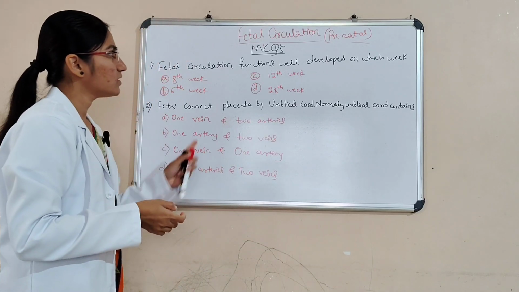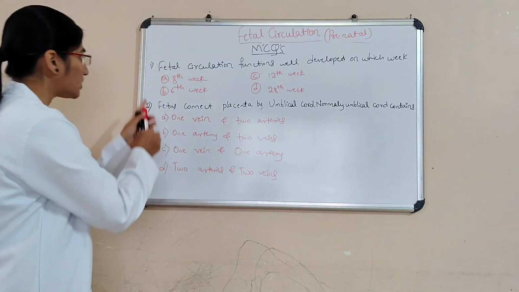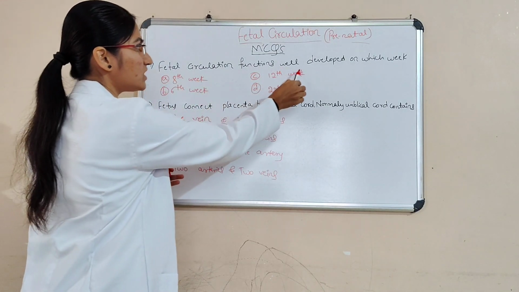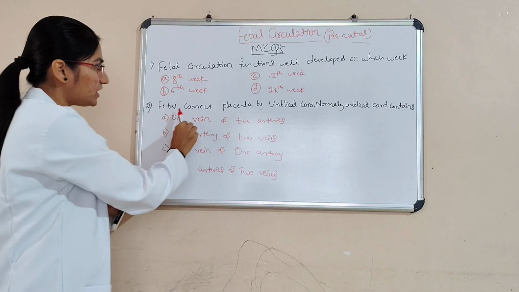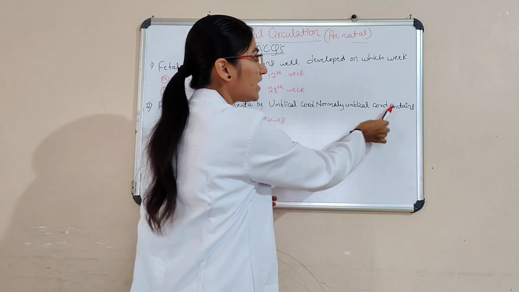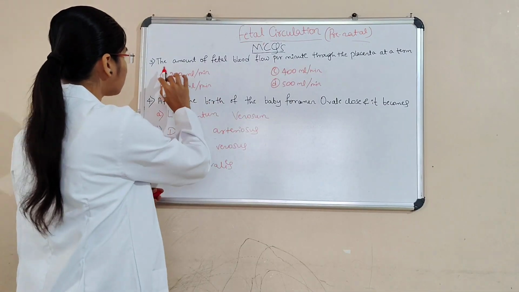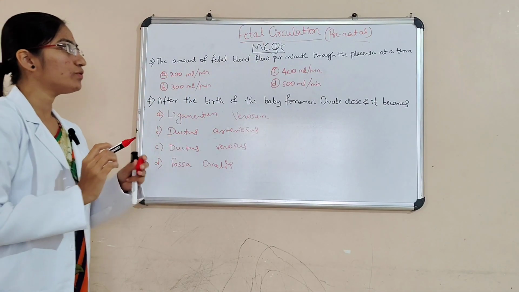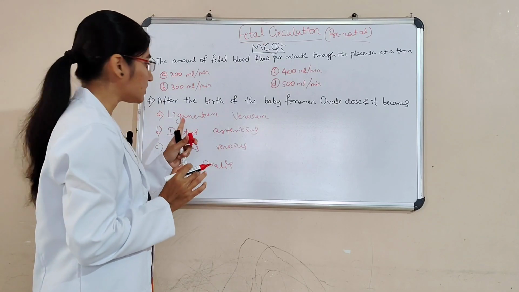Here I have given MCQs on the topic fetal circulation. First question is, fetal circulation functions were developed in which week? And then second question is, the fetus connects to the placenta by the umbilical cord. Normally the umbilical cord contains, these are the options. The third question is, the amount of fetal blood flow per minute through the placenta at term is, these are the 4 options I have given.